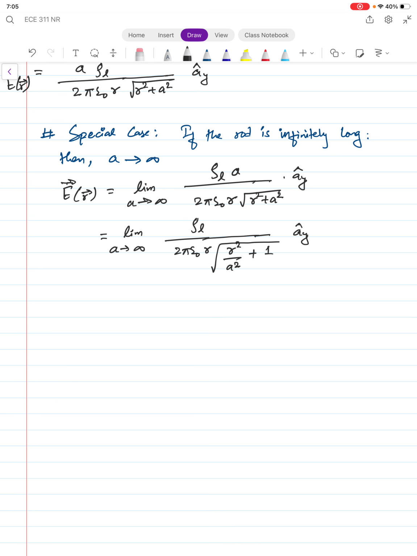Okay, now we are ready to go and apply the limit, and when you apply the limit, this term over there becomes 0.